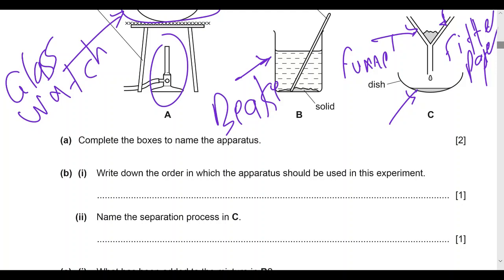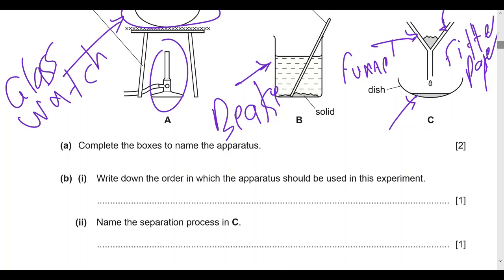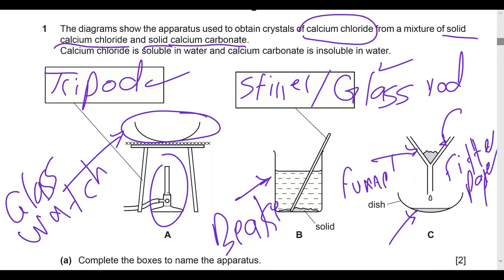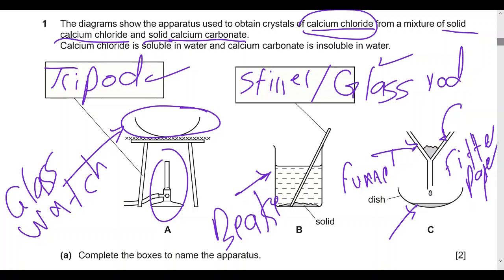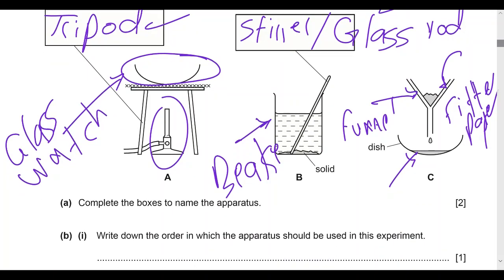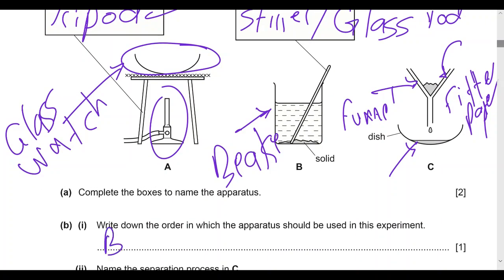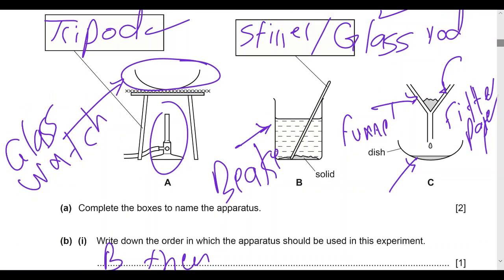In question B, write down the order in which the apparatus should be used in this experiment. To obtain the crystals of calcium chloride, first of all you need to mix both of the solids, so the mixture here in B, first of all you say B. Then the calcium chloride will be soluble, and the calcium carbonate will be insoluble.